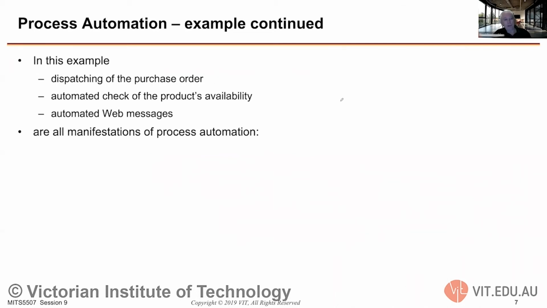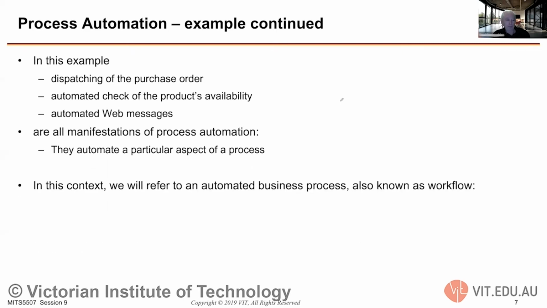These are all manifestations of process automation, and each one of them is automating a particular aspect of a process. Maybe not the entire process, but certainly a part of it. In that context, an automated business process becomes known as a workflow.